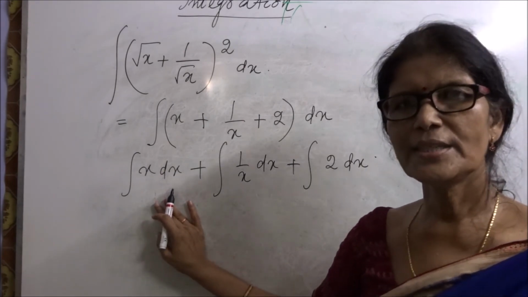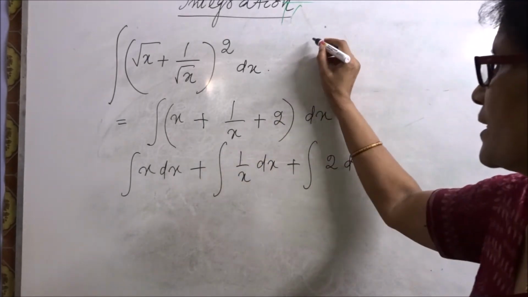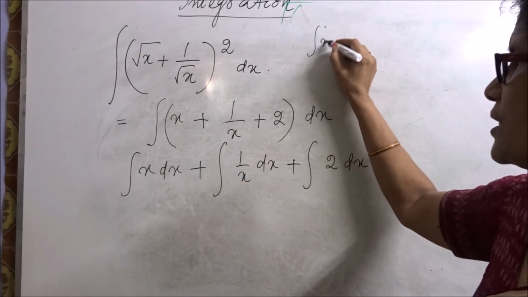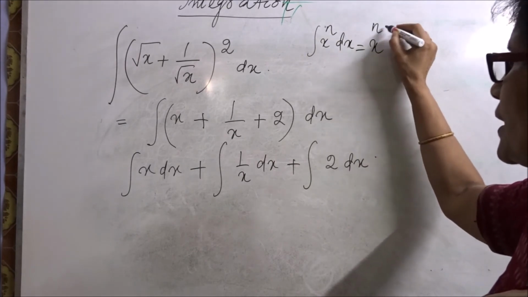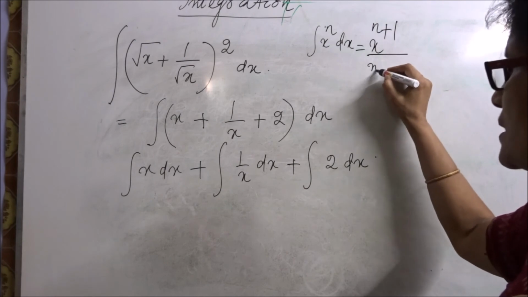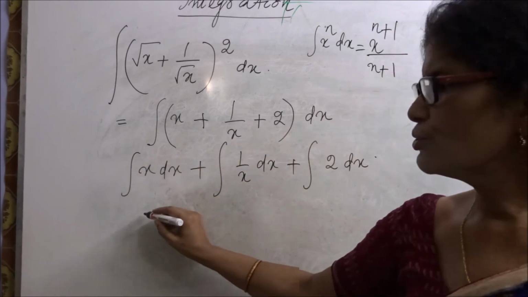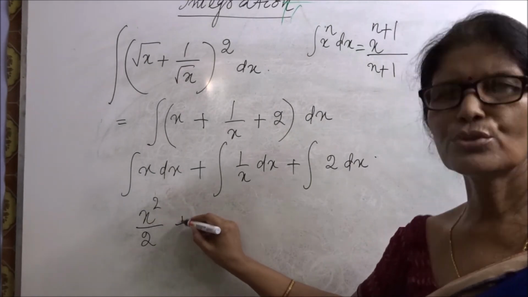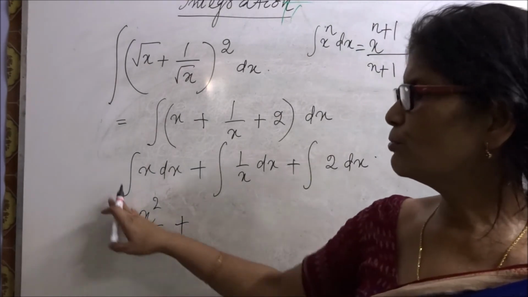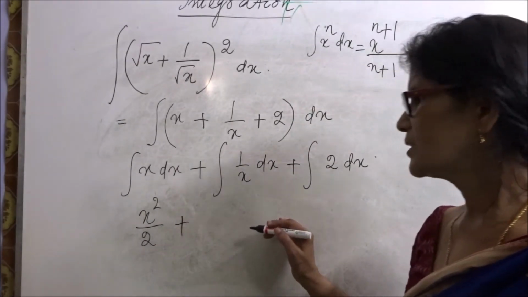The integration of x to the power n is x to the power n plus 1 by n plus 1. So here n is 1, so 1 plus 1 is 2, by 2. It will be simply x square by 2. But I'll request you to remember this as a formula so that you will be very fast in doing maths.